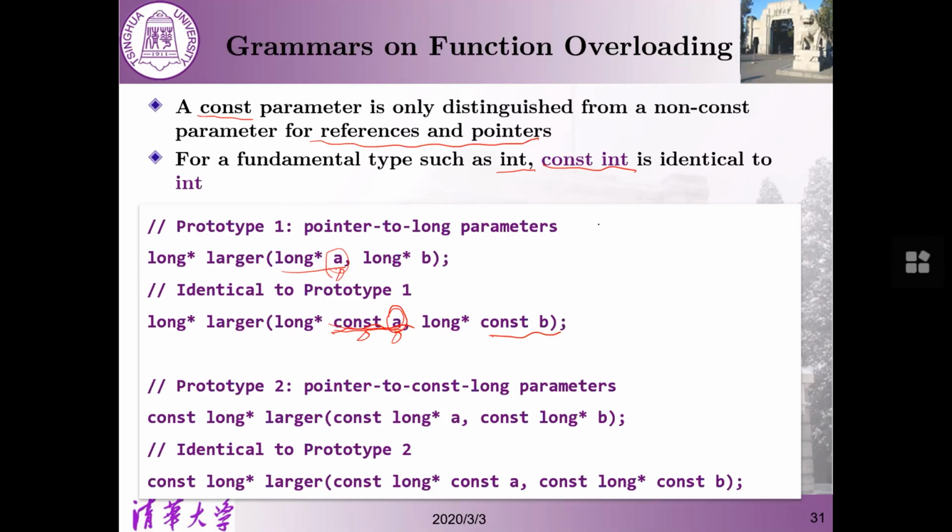For example, if we have an integer a, and then we call this value, and a, like this. Actually, this pointer value is passed by value, copied to this a.